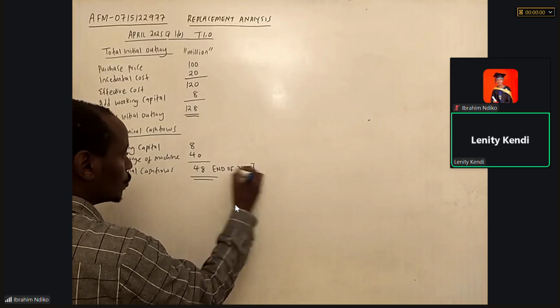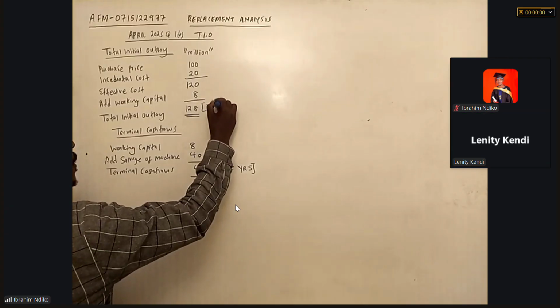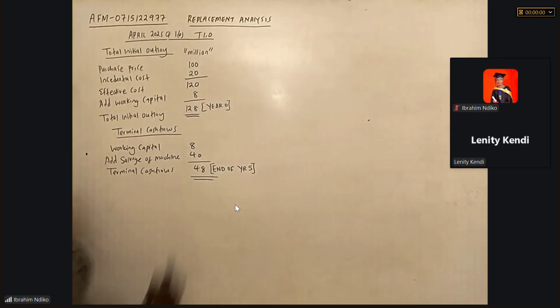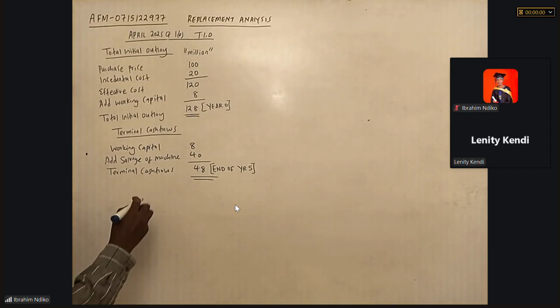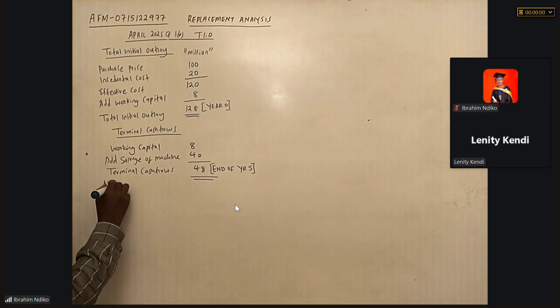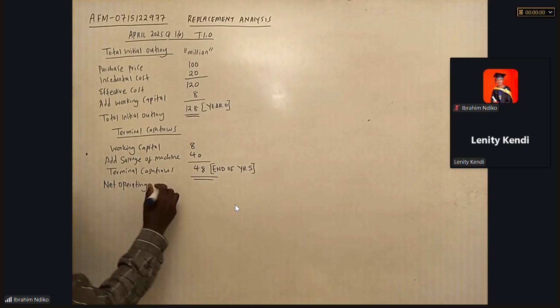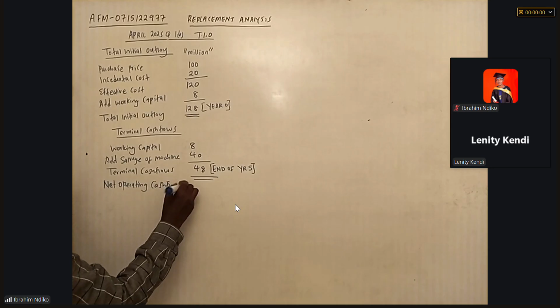Yes. So you underline that one, and the initial outlay is at year 0 today, sivyo? Then you also need net operating cash flow. We are starting with savings, sivyo?